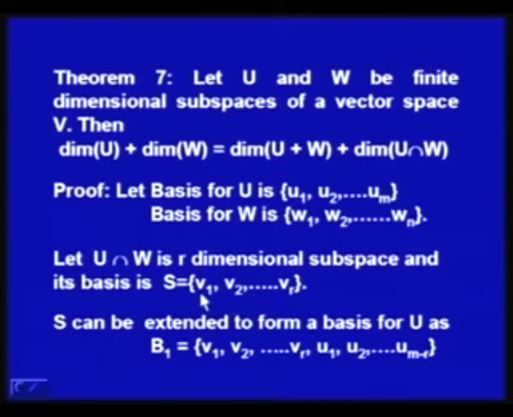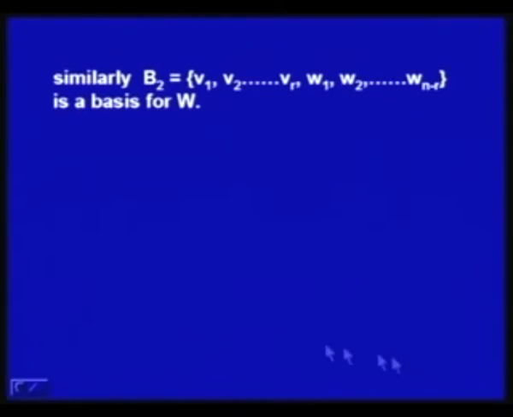So, we can extend this basis to form a basis for U, but U is m dimensional. So, let us add m minus r vectors in B1. So, B1 becomes V1, V2, Vr, U1, U2, Um minus r. The total number of vectors is m, so we have a basis for U. Similarly, we can form a basis for W, which we call B2.